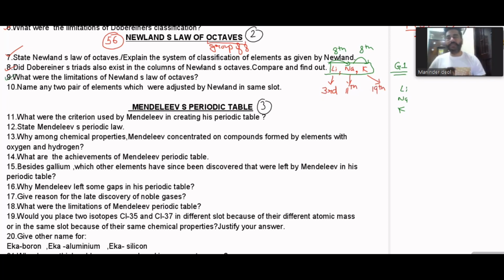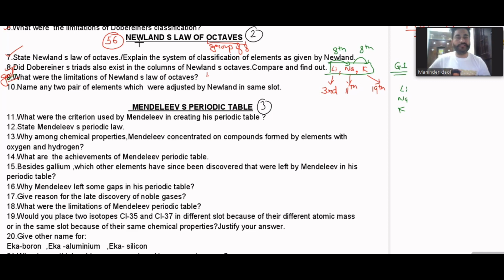Now question number 9: what are the limitations of Newlands' law of octaves? Very good question, you can mark this as a good question. There are 3 limitations. First limitation: he said that a total of 56 elements were discovered and no new element would be discovered in the future, but later many elements were discovered.